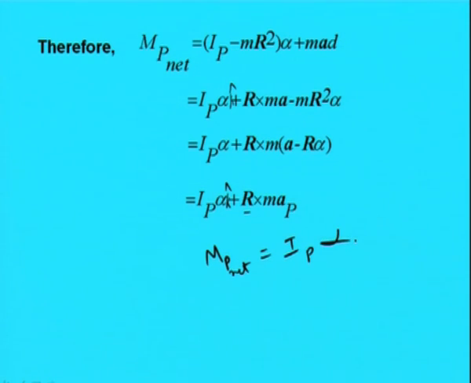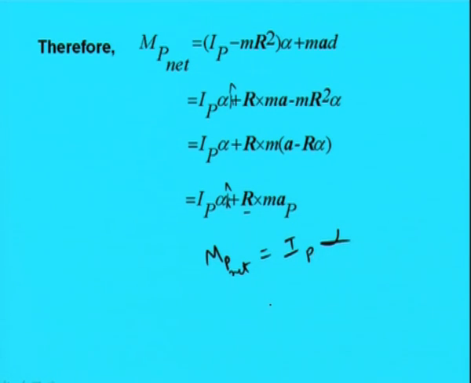So we have Mp net is equal to Ip times alpha. Just as you find the equation about the mass center, that moment about the mass center is Mg net is equal to Ig times alpha, you get the same way Ip times alpha, so that becomes valid. The first condition is that P should be stationary, then this is valid. The second is that if Ap and R are having the same direction, then also it is valid.